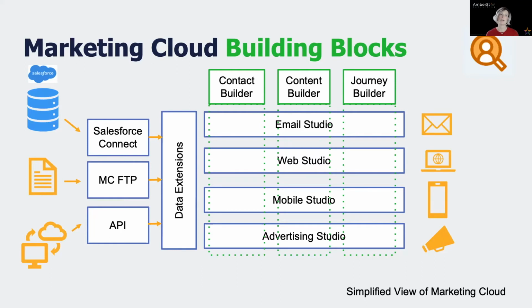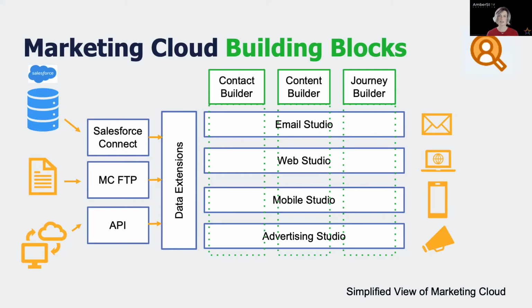But what we'll see illustrated here is a number of different ways that you can bring data into Marketing Cloud. So that's either through the connection with Salesforce, of which there is an App Exchange product that you can install that will bring data from Salesforce Core directly into Marketing Cloud. Or alternatively, you can use the Marketing Cloud SFTP site.